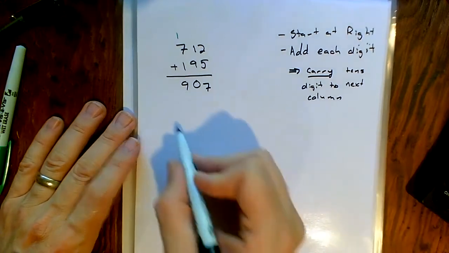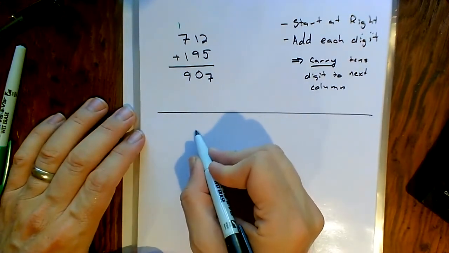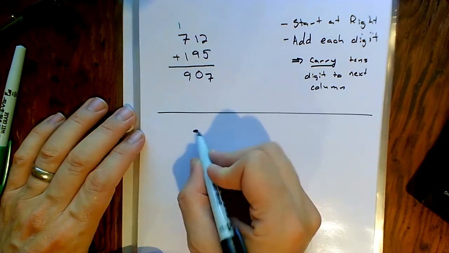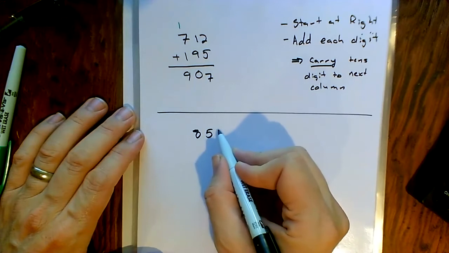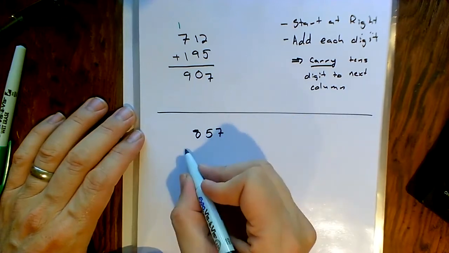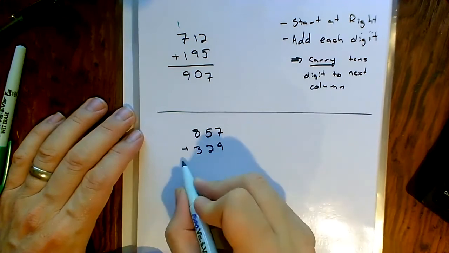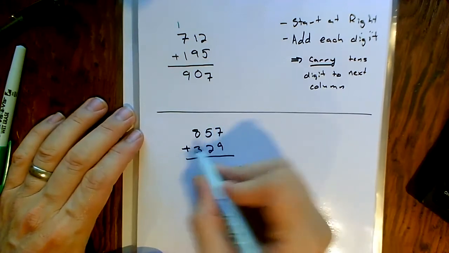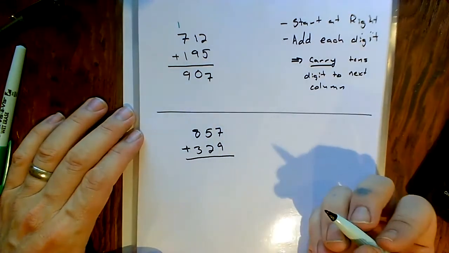Let's do that again. Let's say I've got 857. I'm going to add to this 329. So 7 plus 9 is going to be 16.